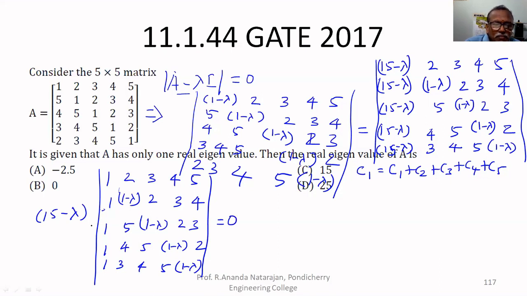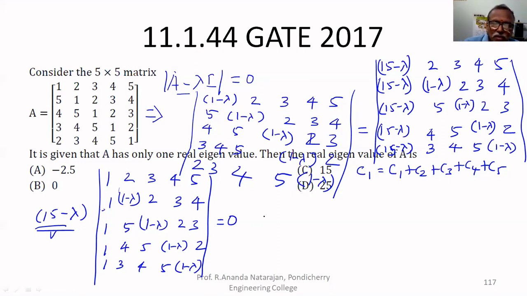To find the characteristic polynomial, we have to equate this to 0. This determinant is not equal to 0 because we are going to get another 4 eigenvalues from it. Then either this equals 0 or this equals 0; a product of two numbers equal to 0 means either one is 0 or both are 0.